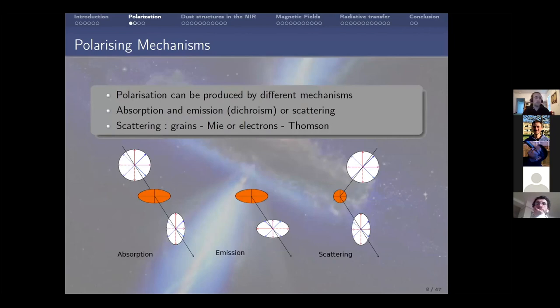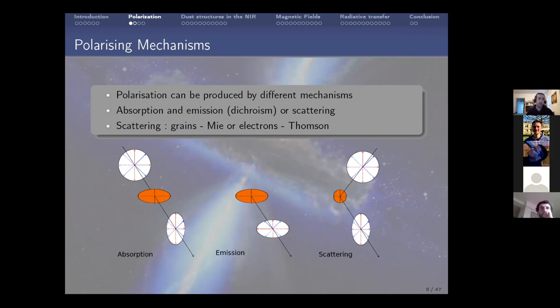So first of all, a short reminder about polarization. You can have a lot of different mechanisms that can produce polarization from astrophysical sources. And in the wide infrared range, so from basically visible to far infrared, you can have basically 3 main mechanisms, which is dichroic absorption or emission.